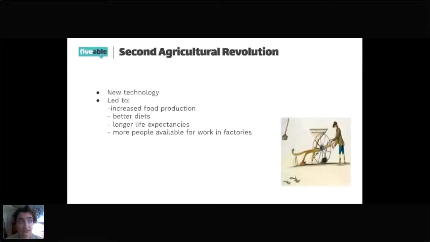And if I'm not wrong, the agricultural revolution originated in Britain, and then from there it diffused to the other parts of the world, right? So new technology, right? The development of new technology and new machines that made it easier and faster and more efficient to cultivate and produce crops, right?